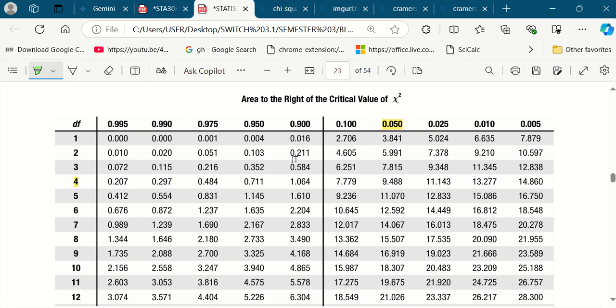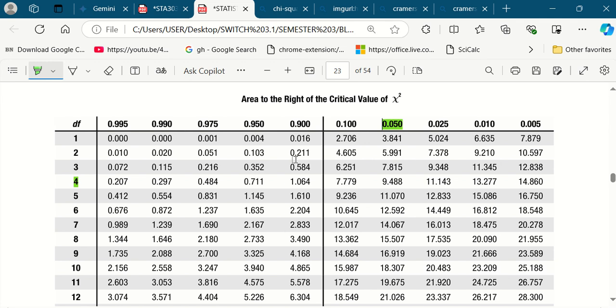Yes, so when I come to the chi-squared distribution table, you can see that I have degrees of freedom here. So I have 4 here. Then I also have a significance value of 0.05 here. So you have to pick the right significance value.